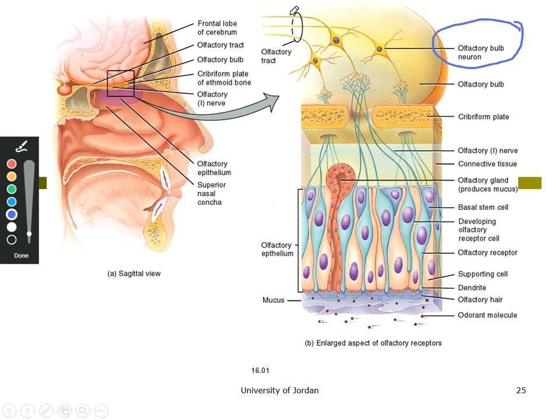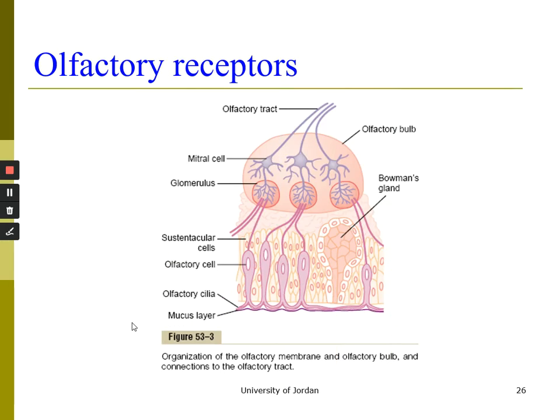And from the olfactory bulb, they will form what we call the olfactory tract. It is going inside the brain here, inside the cortex. This is the cribriform plate. This bone is called the ethmoid bone. Okay.